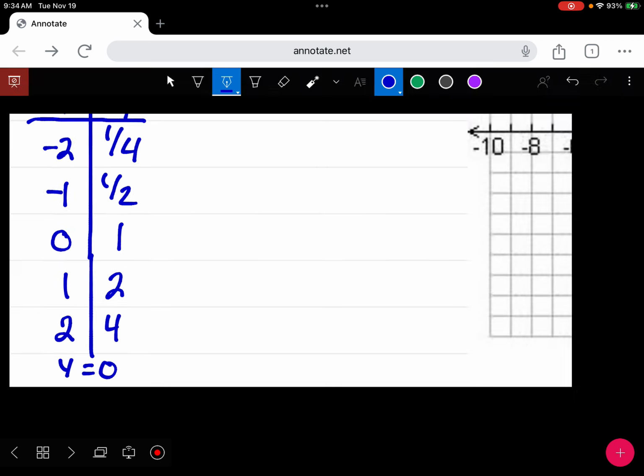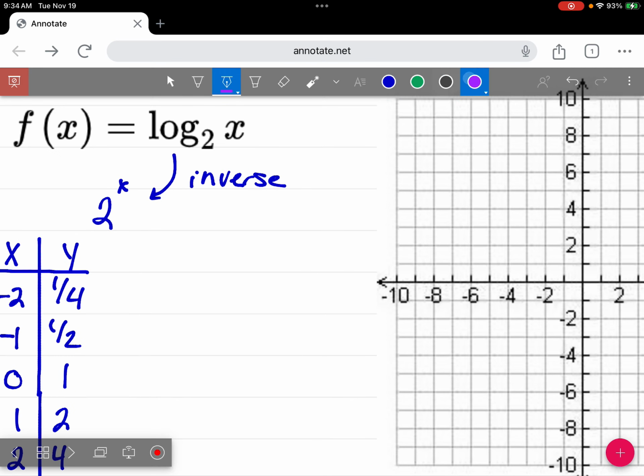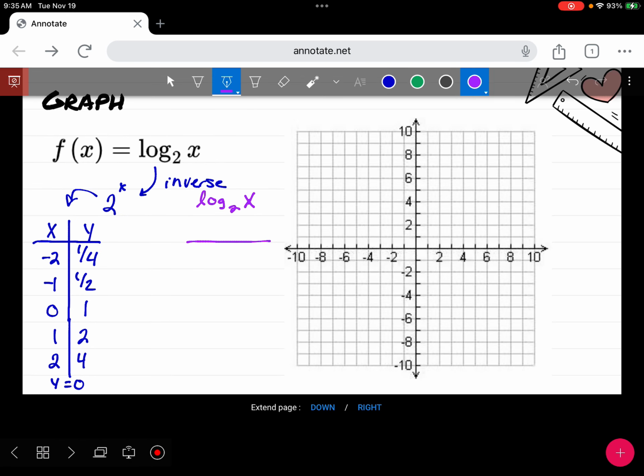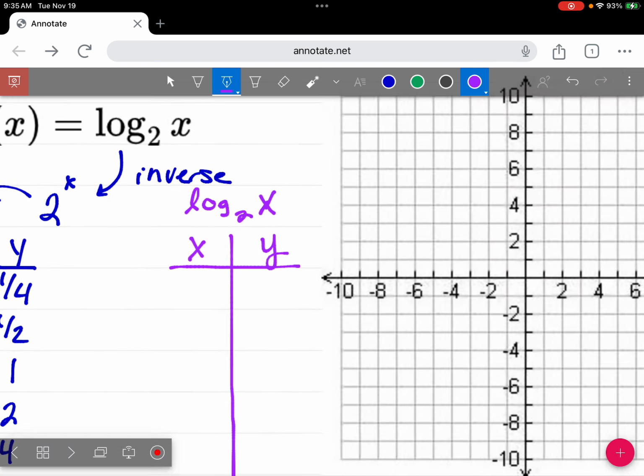Yes. So this is our exponential. When we're looking at our log base 2 of x, I take everything that was in the x column and put it in the y column. Everything that was in the y column goes into the x. Everything that was an x becomes a y. Everything that was a y becomes an x. We switch them.